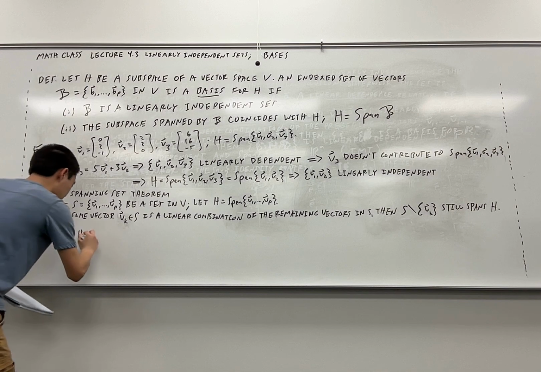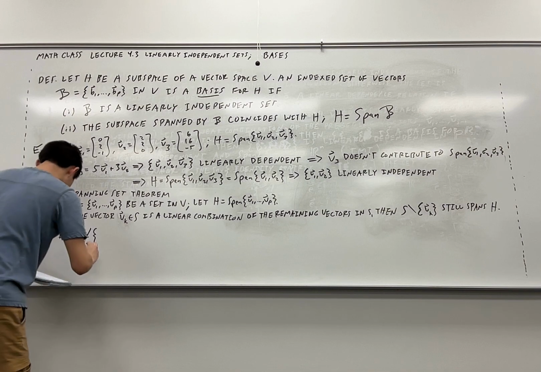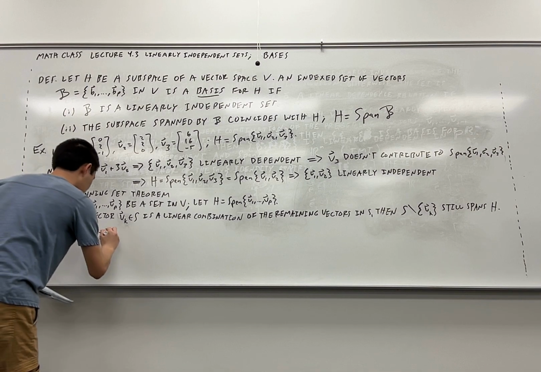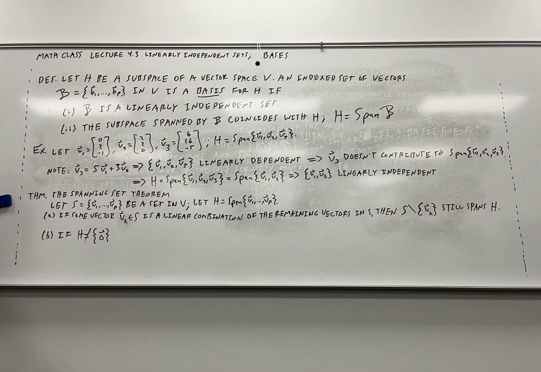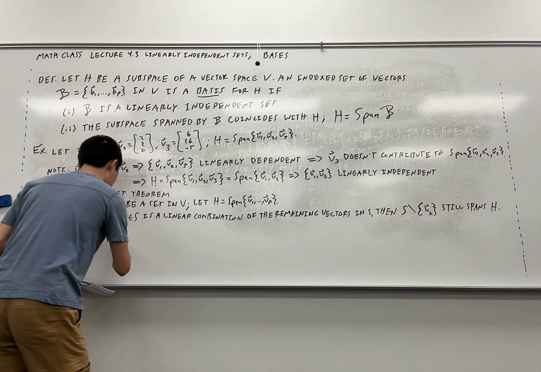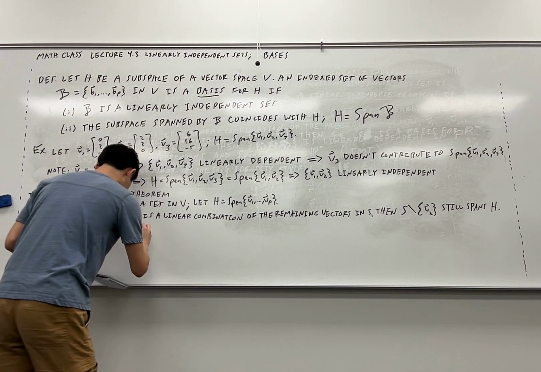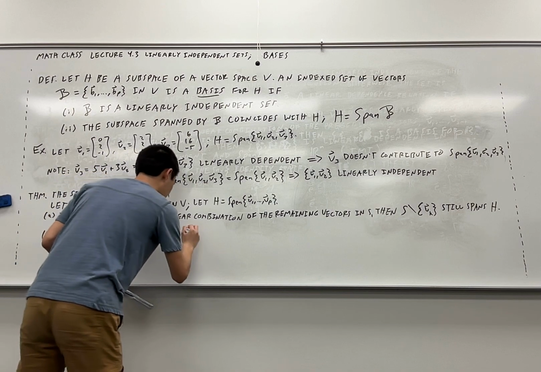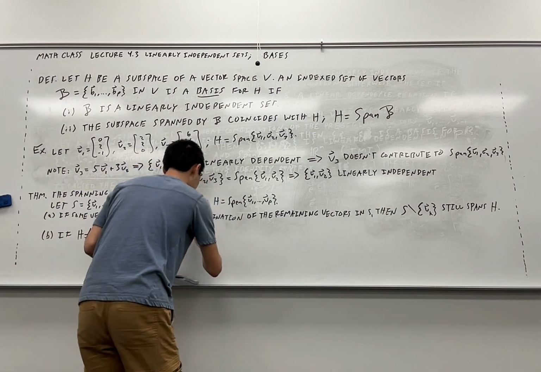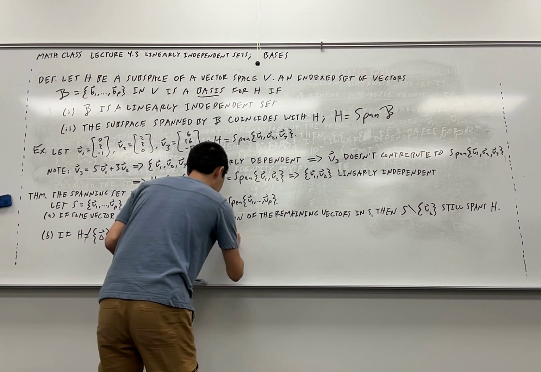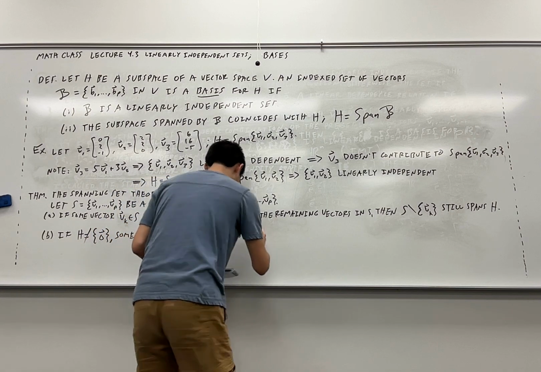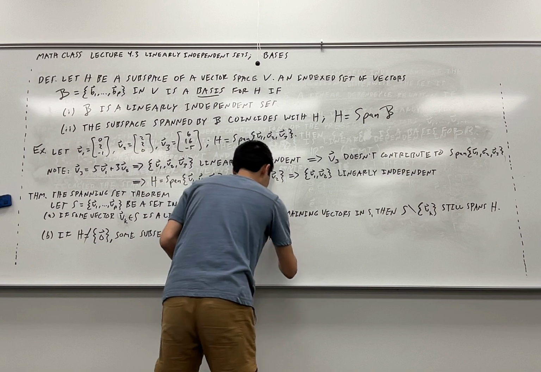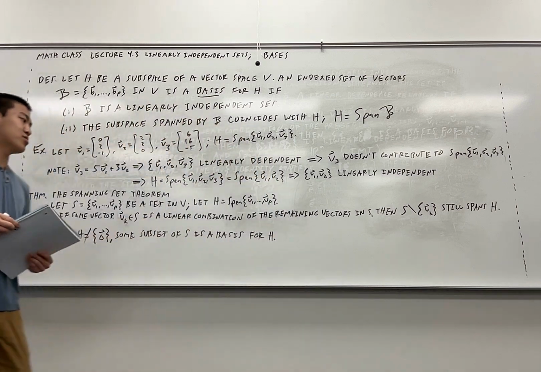Okay, and then the other thing is a small little detail. If H is not just the zero vector, then that means some subset of S is a basis for H. And this is not an exclusive subset.